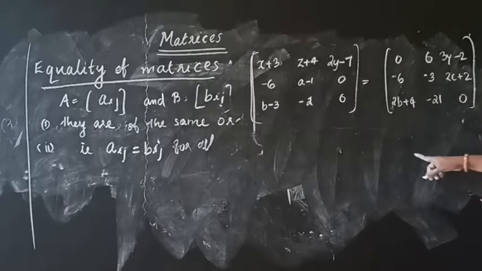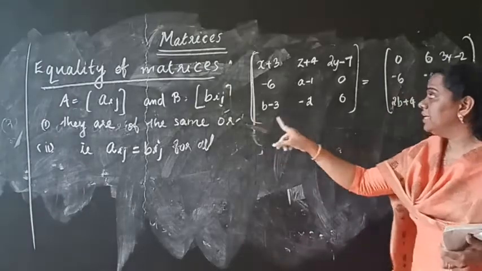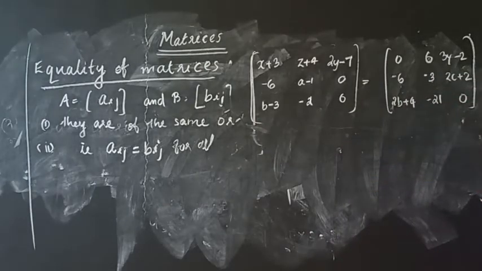I hope you understood the question. If this matrix is equal to this matrix, find the values of A, B, C, X, Y and Z.